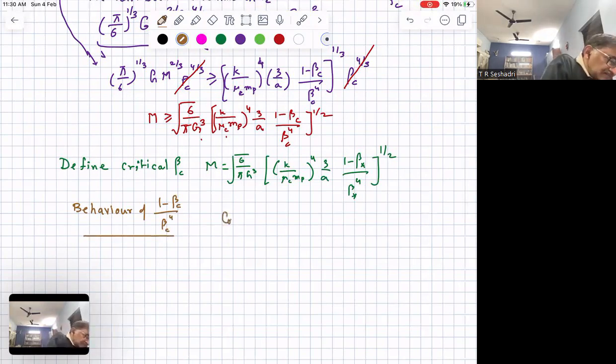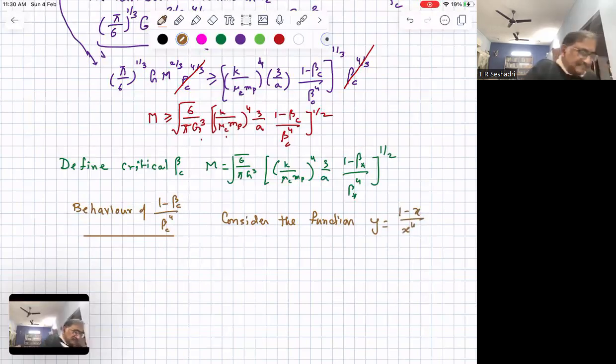Consider the function y = (1 - x)/x^4. Basically, x plays the role of beta and y is this whole expression.